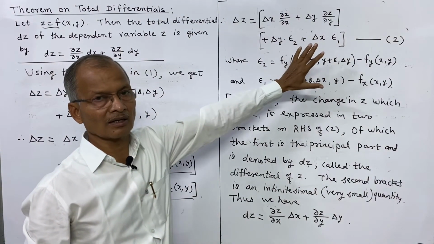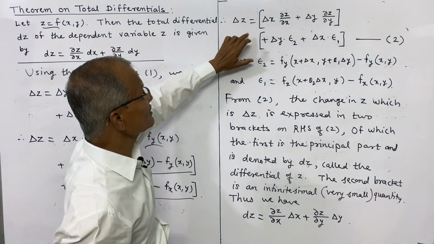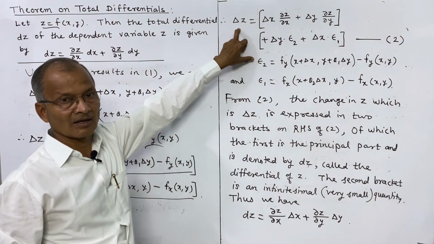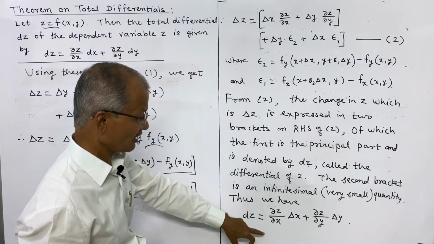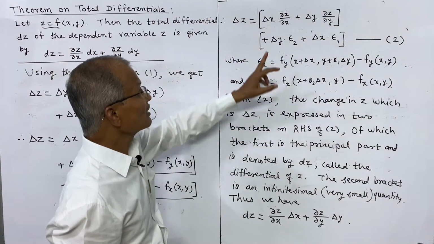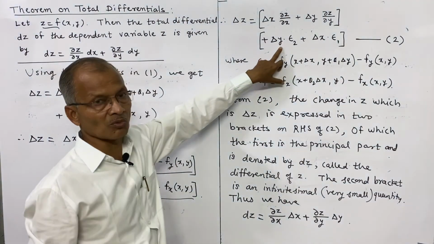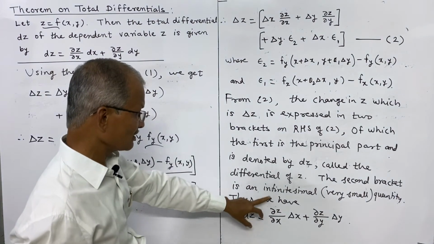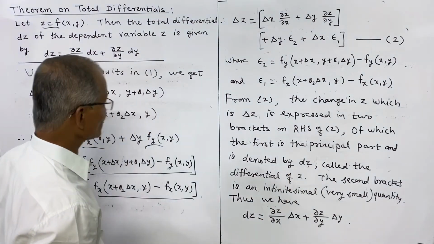That is neglected. The actual change in z is delta z, and that is different from dz. Delta z is not equal to dz, but it is dz plus some small quantity, and the principal part is considered the differential of z.